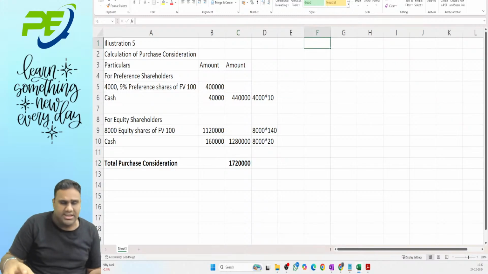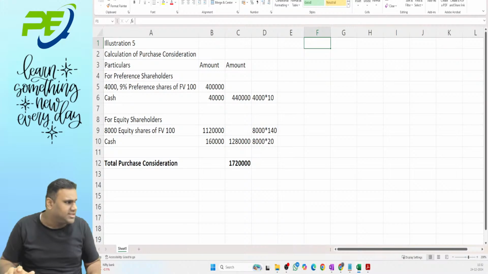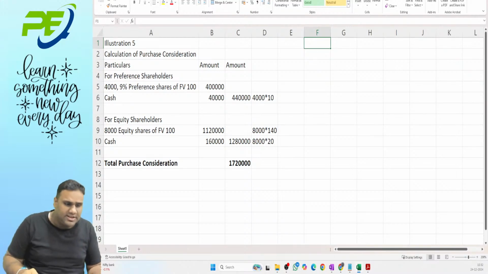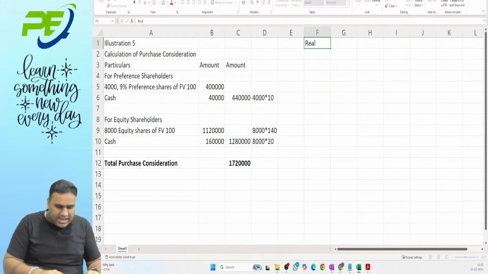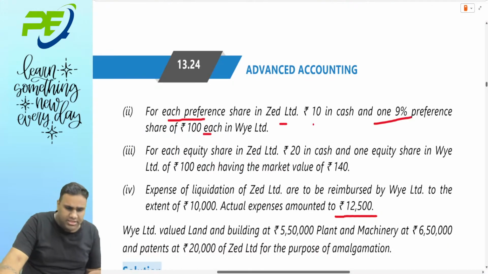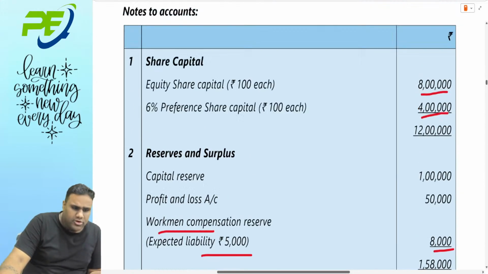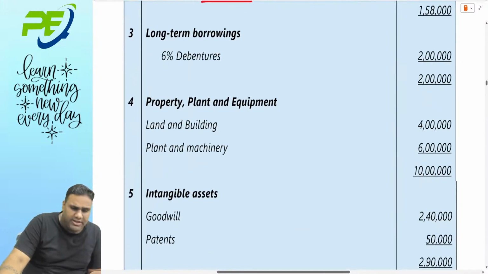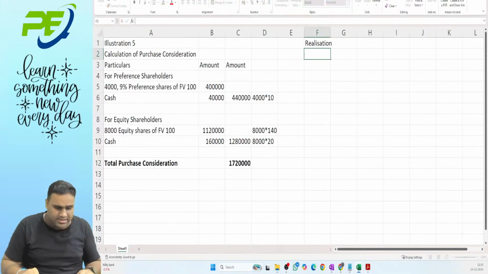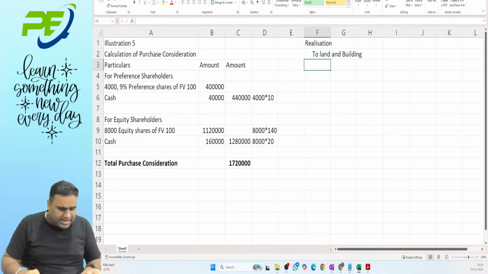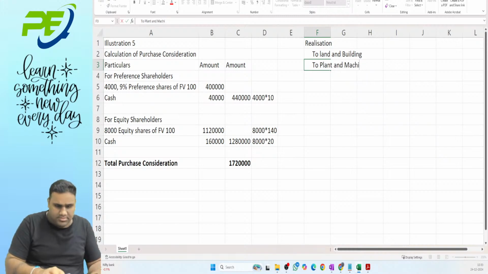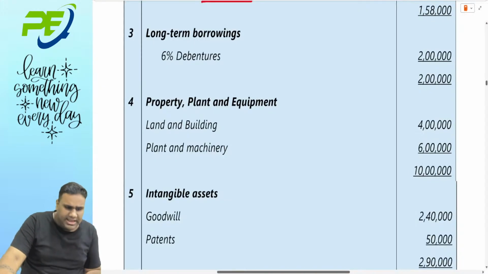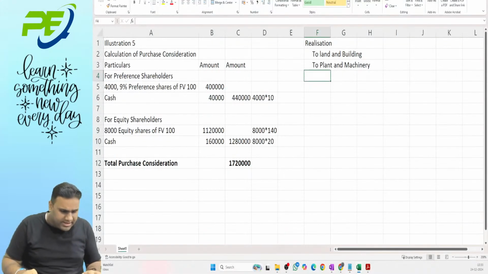Now let's start passing the journal entry. Chaitanya, what is the first journal? Realization account debit. Now two assets. So if I go by assets, PPE and intangible assets I have to take from here: land and building, plant and machinery. Then intangible assets, we have two, goodwill and patent.